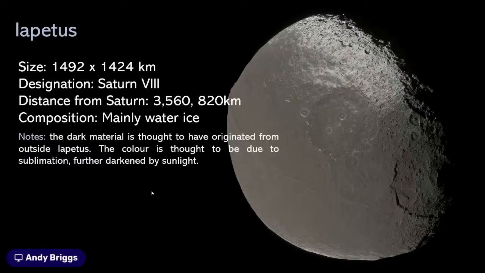And that material is then further darkened by the action of sunlight. It's not quite clear yet, I don't think, although I'm sure Lou or Bernard will correct me. I don't think there's any convincing explanation yet for why only one hemisphere is that dark color and the other hemisphere is covered in ice, which is why it's so bright.